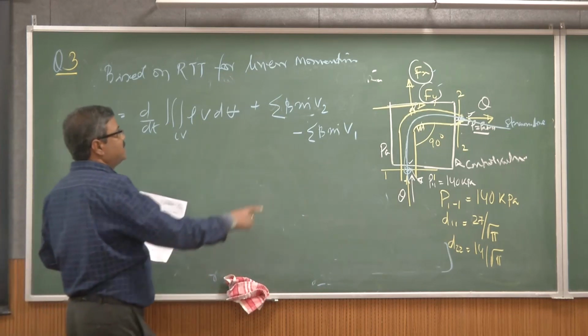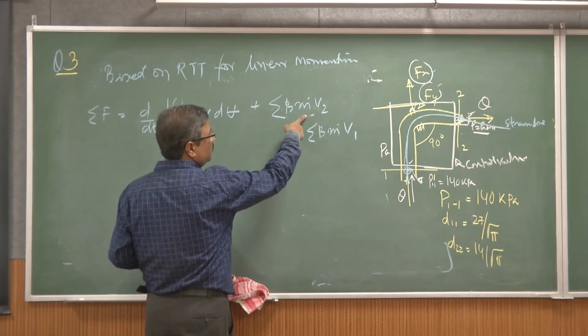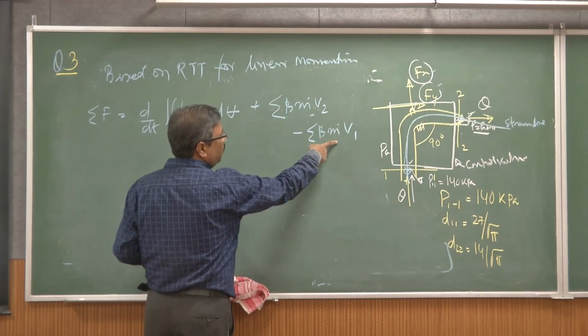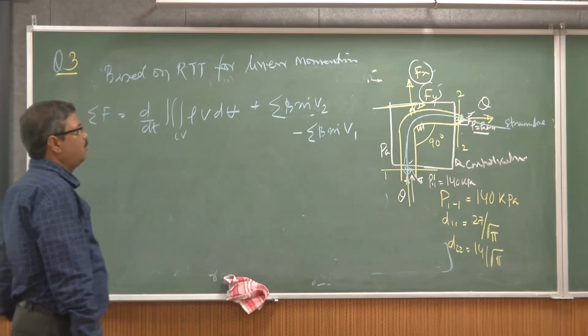So that is the momentum outflux, and this is the momentum influx component.